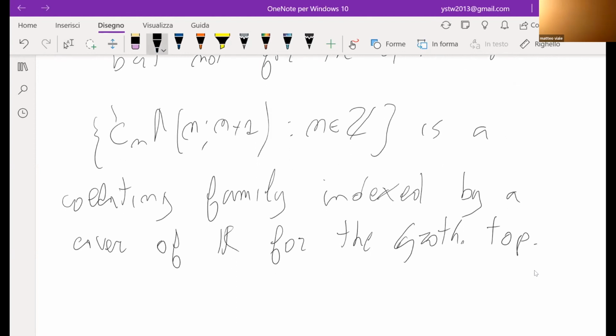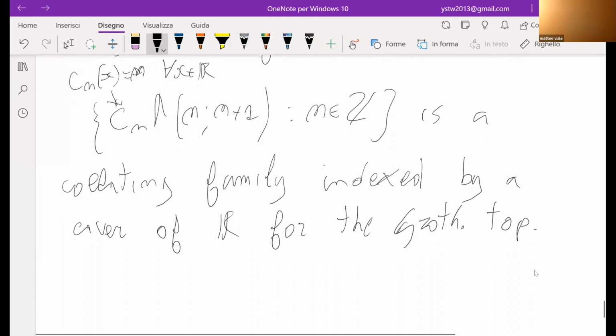Well, what is this C_n? C_n of x equals n for any x in R, so it's the constant function with value n. Why is this correct?